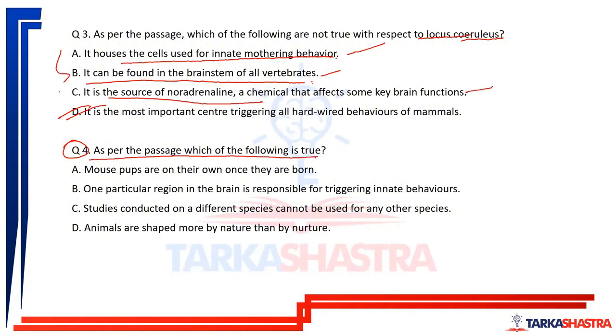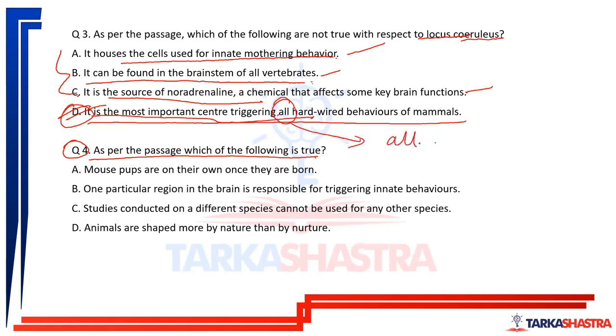These three have been mentioned, and D is the only one that is not mentioned. Why? Because it says it is the important center for triggering all hardwired behavior. Whenever we have extreme words like all or some or every or none, we have to be careful. This is very important.